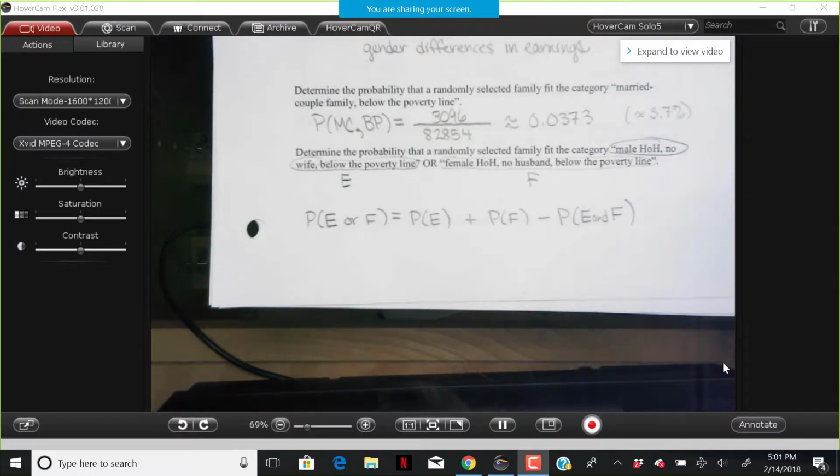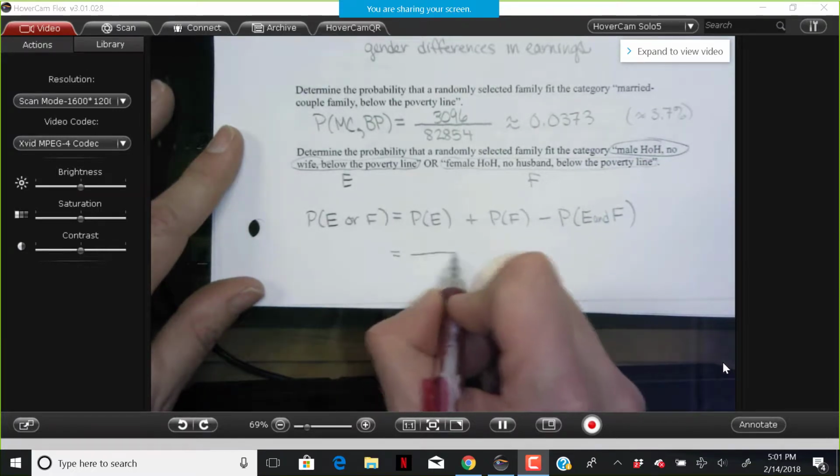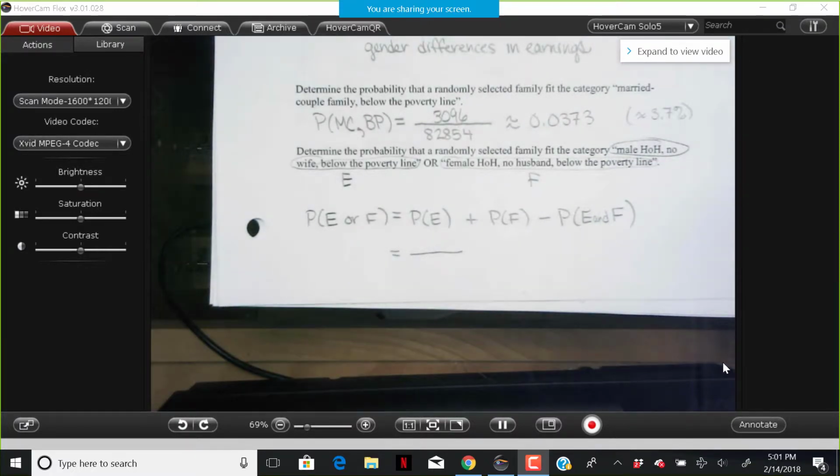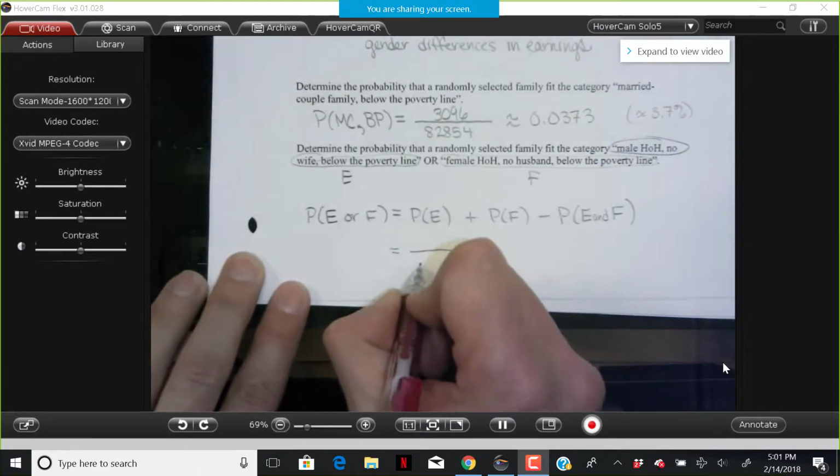Okay, so the probability of E, male head of household, no wife, below the poverty line. So we already know the denominator is going to be the total, which is 82854.